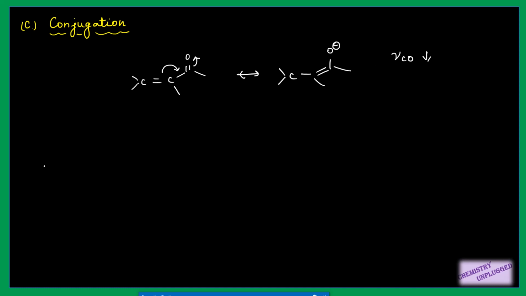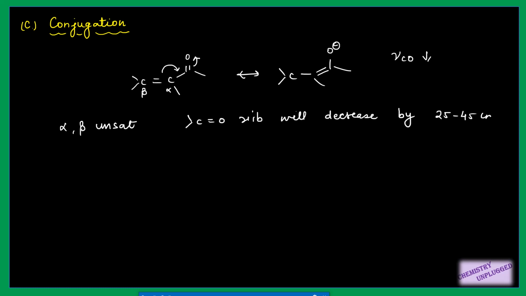Now the important question comes: by what amount will the CO frequency decrease from the base value? For alpha beta unsaturation, when you have alpha beta unsaturation like this one, this is your alpha carbon, beta carbon, this CO vibrational frequency will decrease by 25 to 45 centimeter inverse, right?